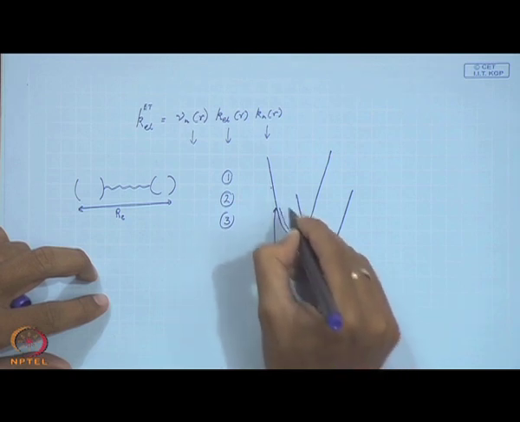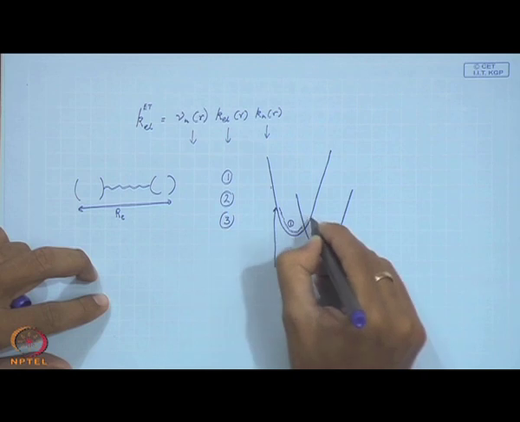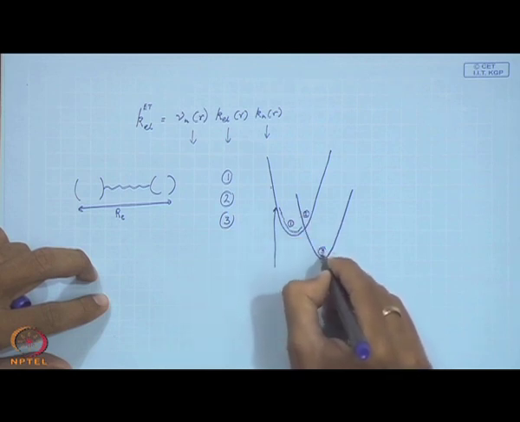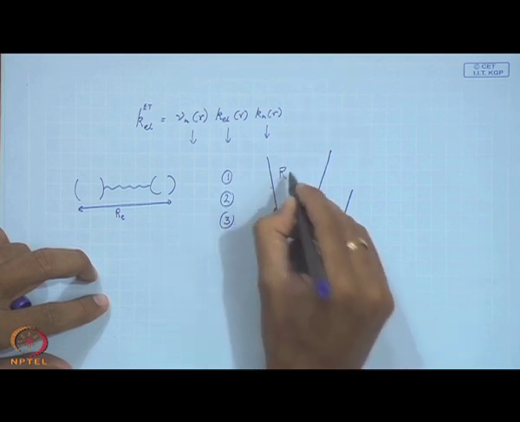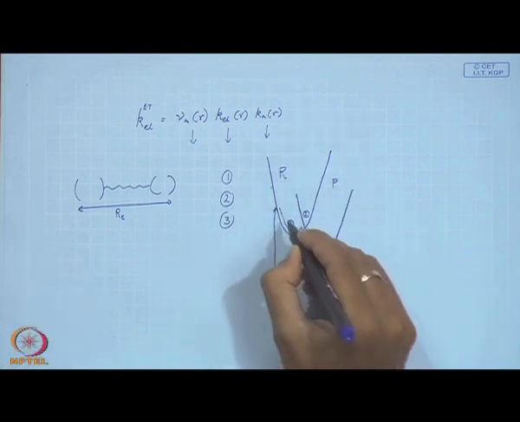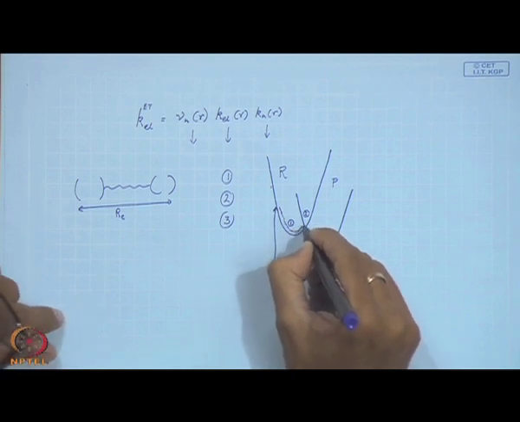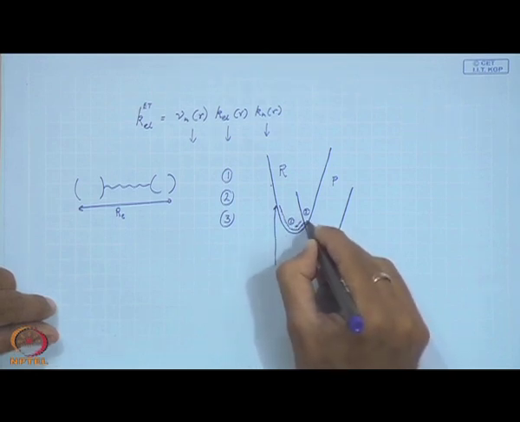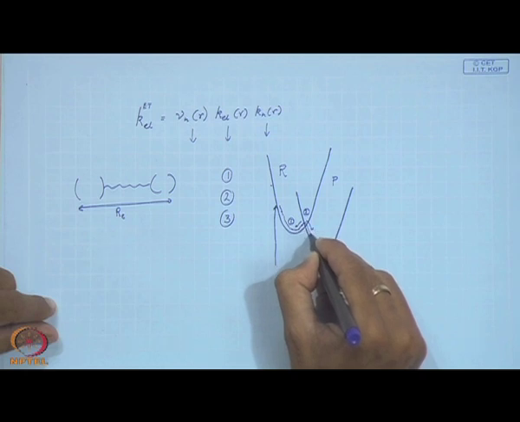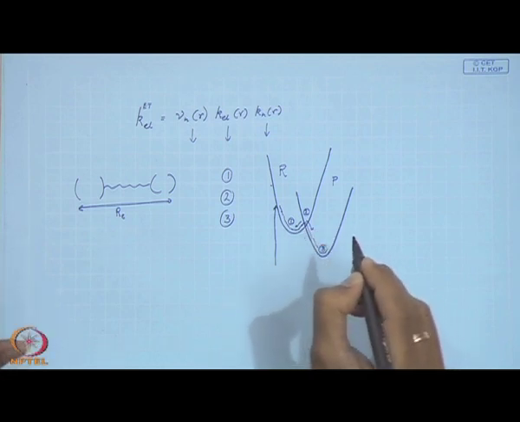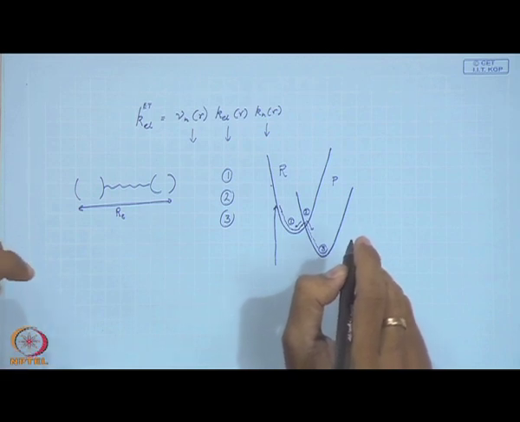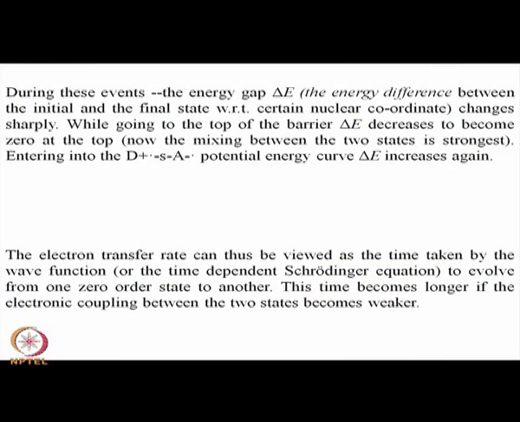This is your 1, this is your 2, the transition state, and this is your 3, the product state, and this is the reactant state. It will go this way and ultimately reach over here, where it has equal probability to be on this side or the other side. Then ultimately it will reach 3. So, the energy difference between the initial and final state is with respect to a certain nuclear coordinate.